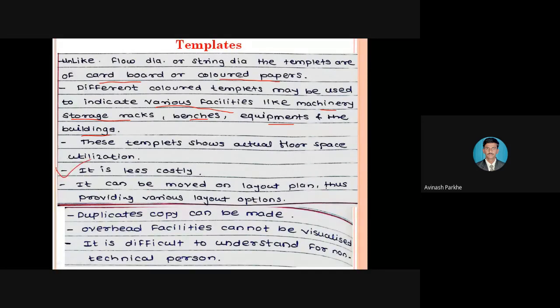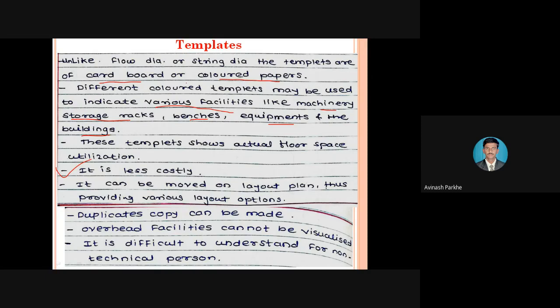As we are using only color papers in order to indicate all the facilities which are present in that particular organization, this method is very less costly. It can be moved on the layout plan, thus providing various layout options.